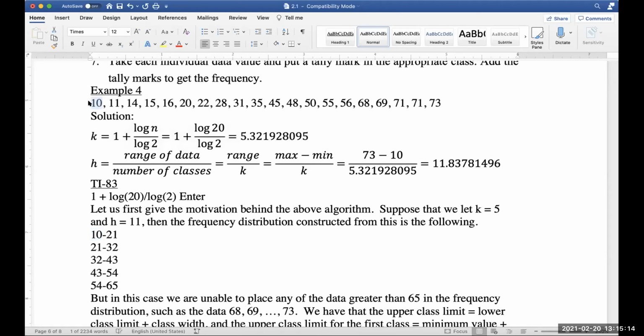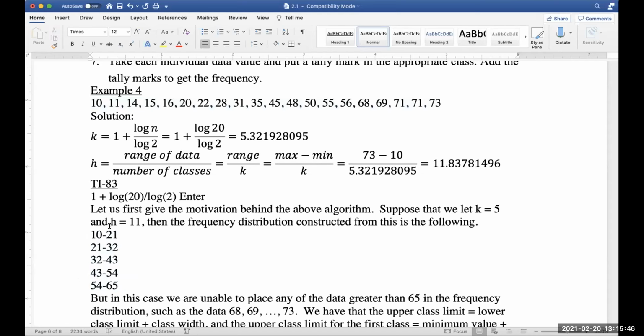The smallest value here is 10. Where do you want to end? You want to end so that I can get the number 73 in this last class. If I can't, I'm in trouble. So you want all the numbers to be able to be put into one of these classes.